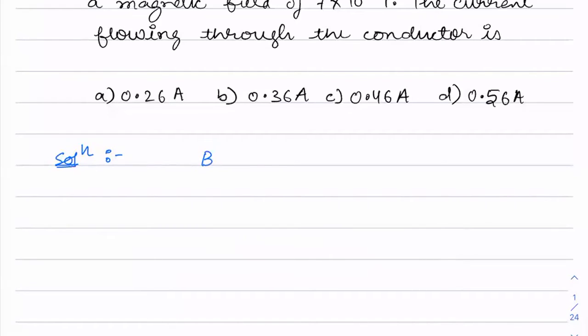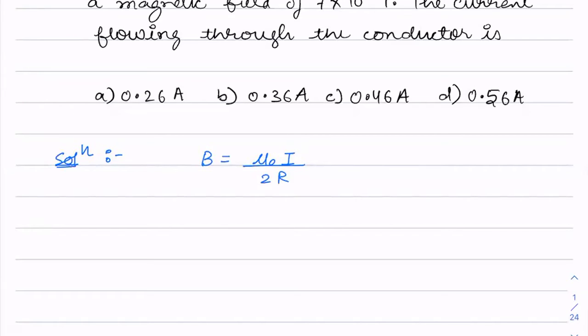So B, the magnetic field due to a circular coil, is written as mu naught into I, the current flowing through it, divided by, sorry, not 4r, it's 2r. It's 2 into r for the magnetic field.